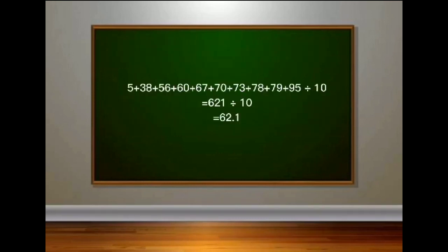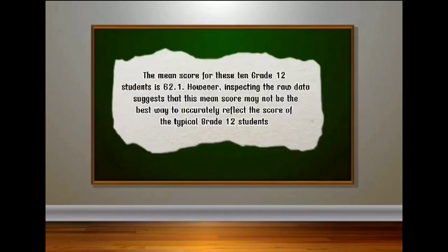The mean score of the group of 10 students is the sum of all their scores divided by 10. So the mean, therefore, is 621 divided by 10, which is equal to 62.1. The mean score for these 10 grade 12 students is 62.1.